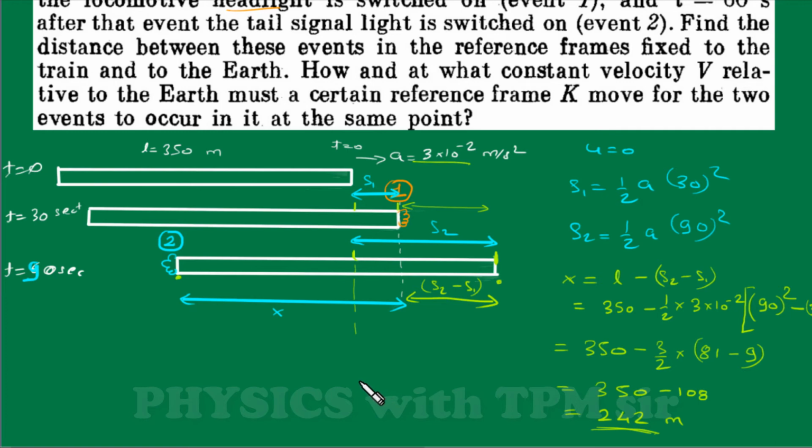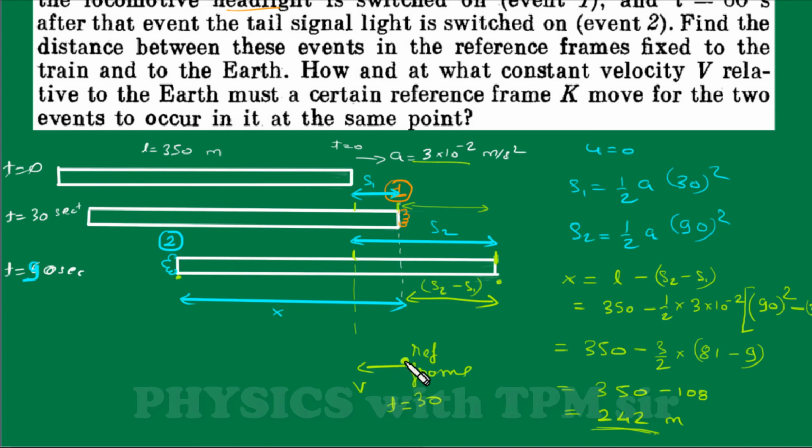So that means we can say that if there is a reference frame in which we want to solve this problem, and we want both these events to occur at the same place, we would want that reference frame to travel in this direction, and that reference frame should start from this point at t equal to 30, right?